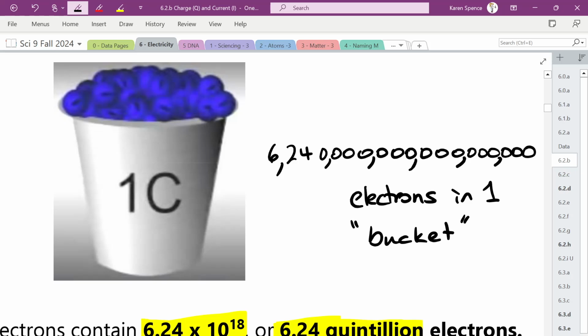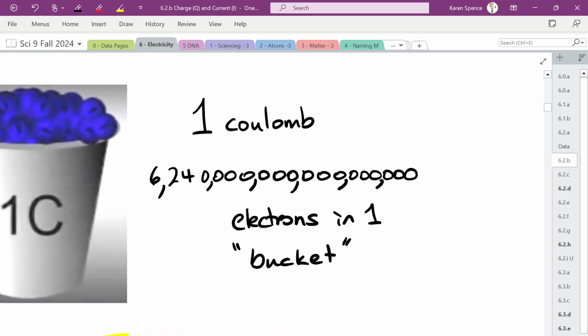Now, who wants to list out that number every time? Probably not many of you. So instead of saying 6.24 times 10 to the 18, we say that we have 1 coulomb of charge. And coulomb is spelt a little funny, and it's because it is named after a person, Monsieur Coulomb, and he was French.